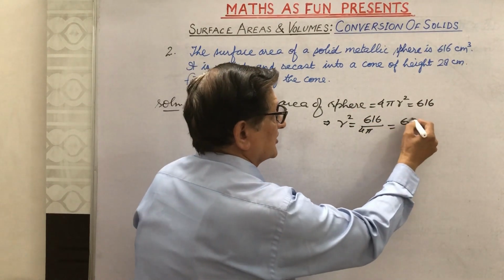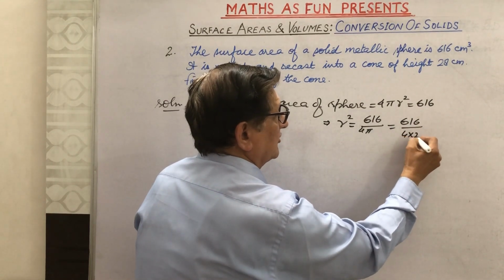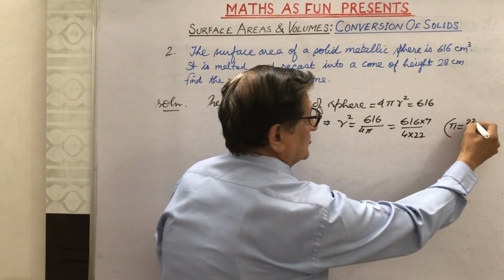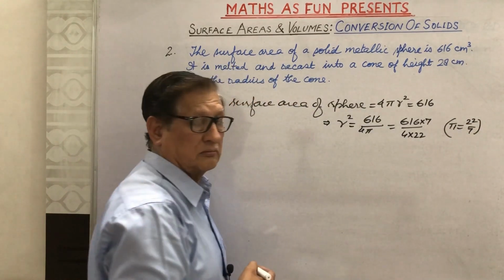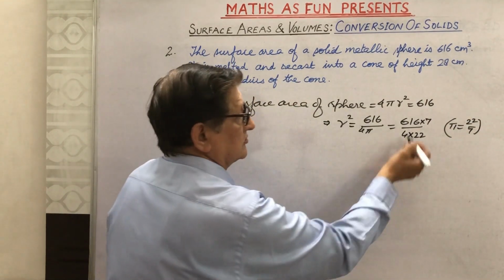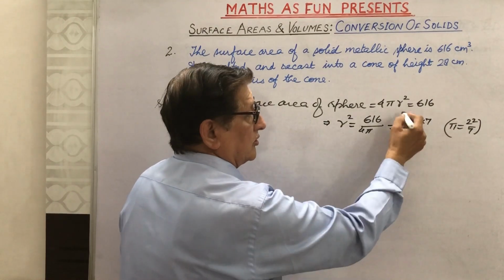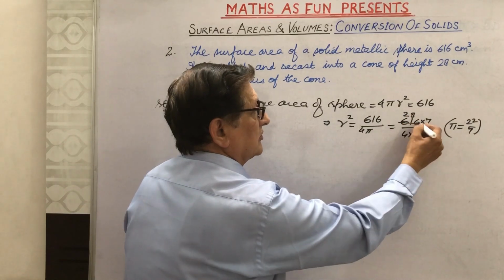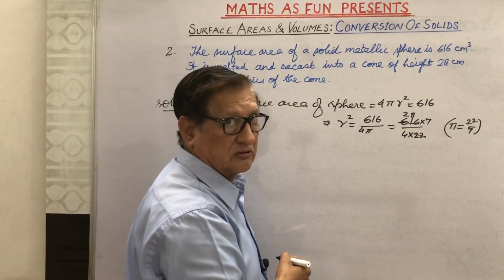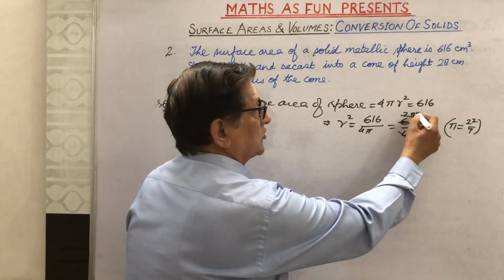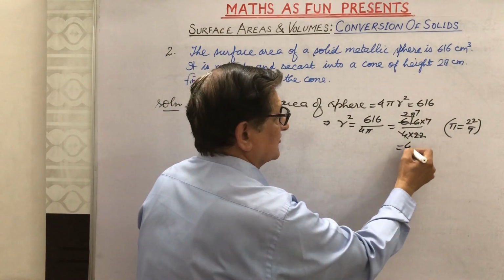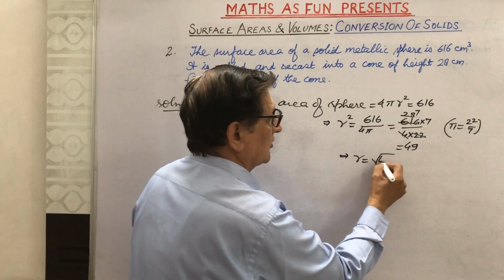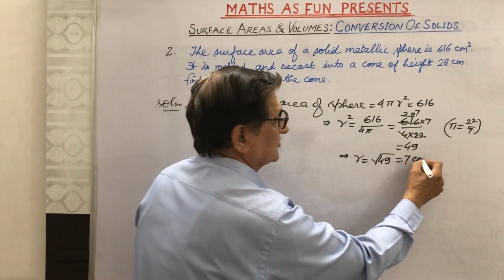It means 616 upon 4 into 22 by 7, because we know pi is 22 by 7. After cancellation, this comes as 49. It means r is equal to root of 49, that is 7 centimeter.